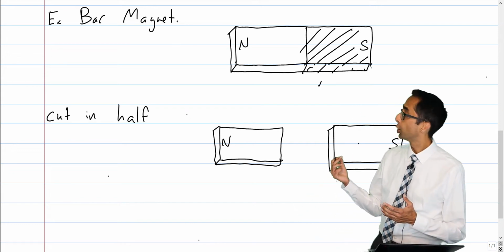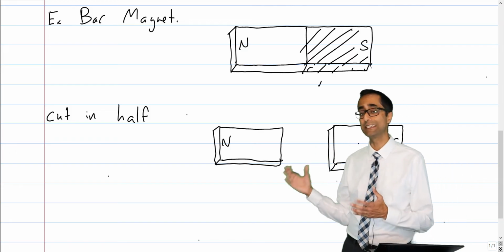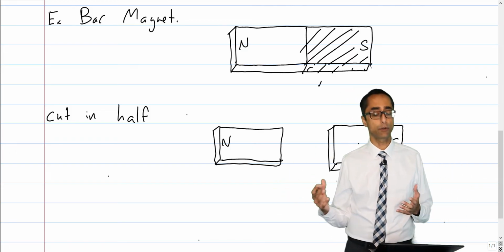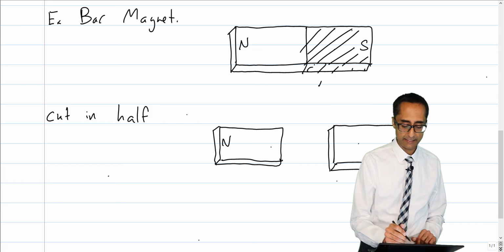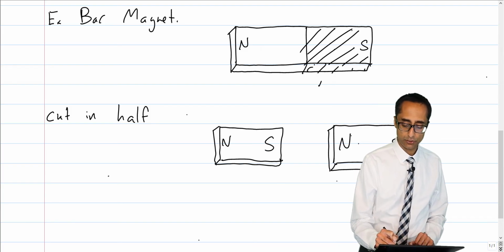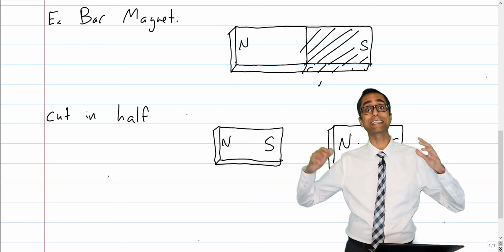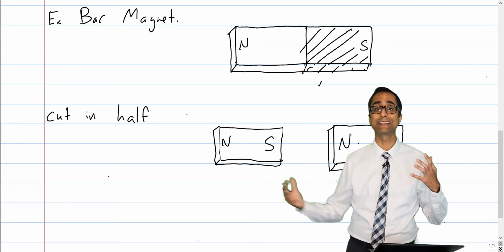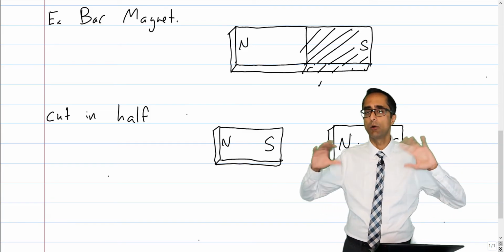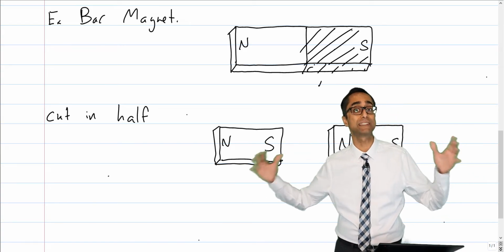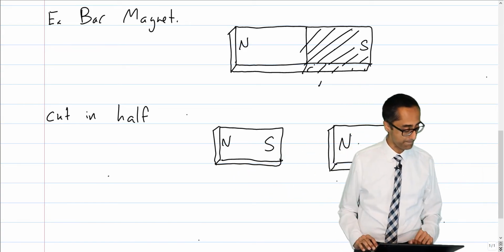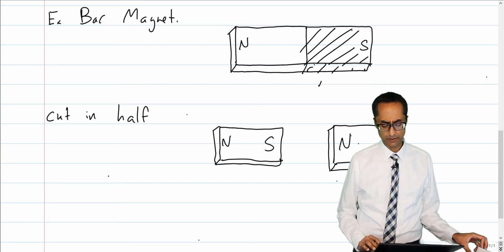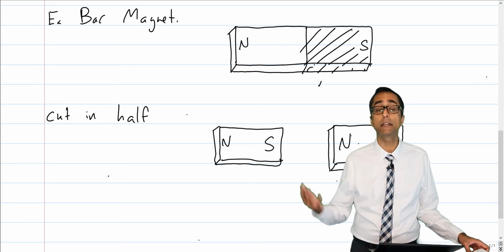And so if I've cut a bar magnet into two pieces, what we very quickly realize is that each of the two pieces starts to display the exact same property of its parent magnet. It will have a north and a south, a plus and a minus, whatever you want to call it, two opposite polarities of magnetism. And so you're saying to yourself, okay, let's cut it even smaller.